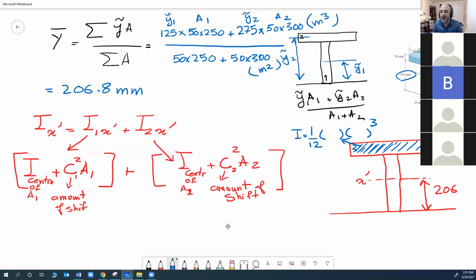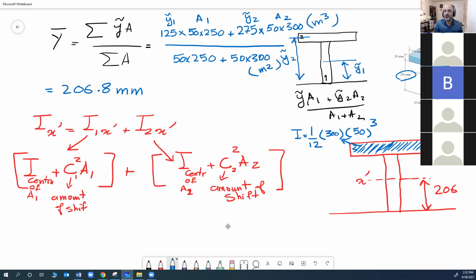Trying to find I about the centroid of this, this is what we go to the table and look at, right? Table says 1 over 12 BH cubed. So what is B? What is H? B is 300 and H is 50.